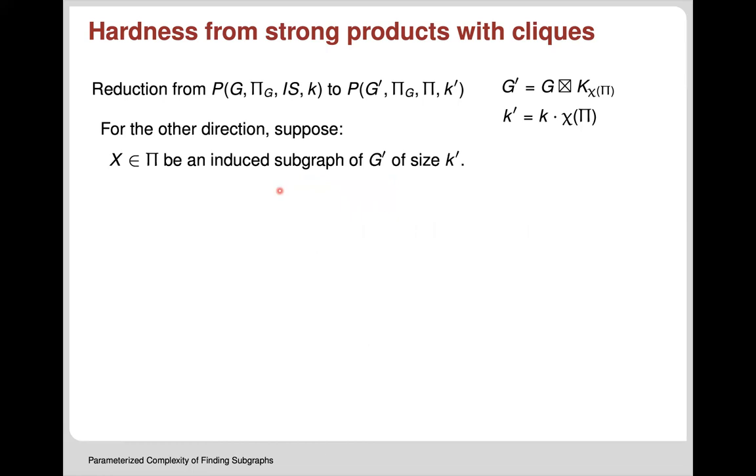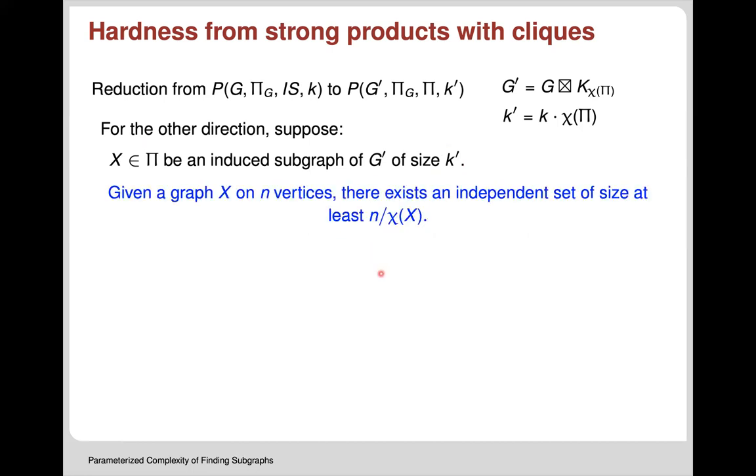Okay, so now for the other direction, suppose that x is an induced subgraph of G prime of size k prime, which satisfies the property pi. As we know, if I give you a graph x on n vertices, then there exists an independent set of size at least n over chi of x.